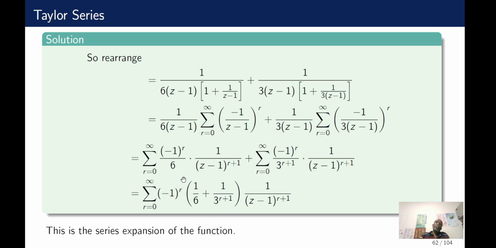So what you factor out now is the 1 minus r, which is common. What will remain here is 1 over r, and what will remain here is 1 over 3r. So the series expansion of this is given by this, and it is in the sigma form. So that's the series expansion for this.